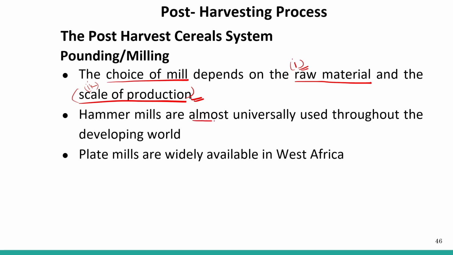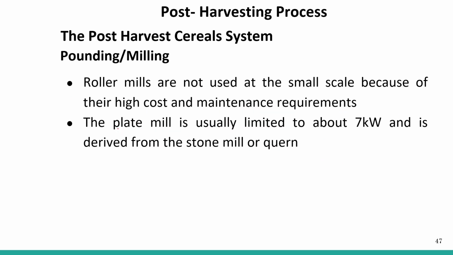Hammer mills are almost universally used throughout the developing world. They can be used for any type of material, whether you are grinding oil cakes or grains. Plate mills are widely available in West Africa, so different regions have these different types of mills. Plate mills are widely used in West Africa, whereas hammer mills are used all over the world.